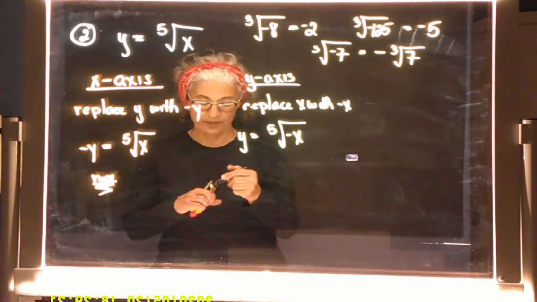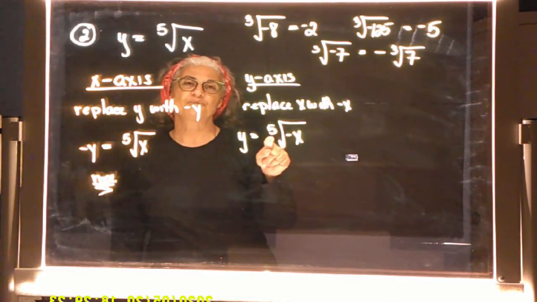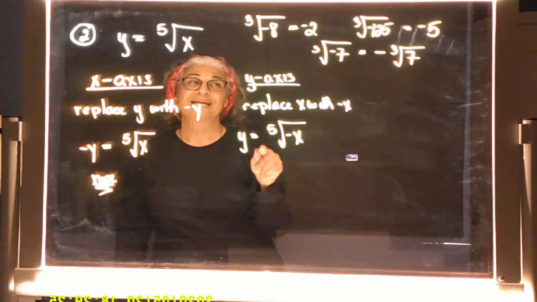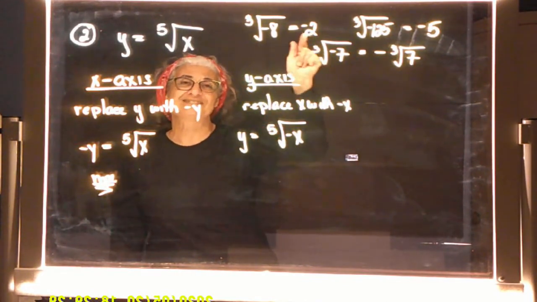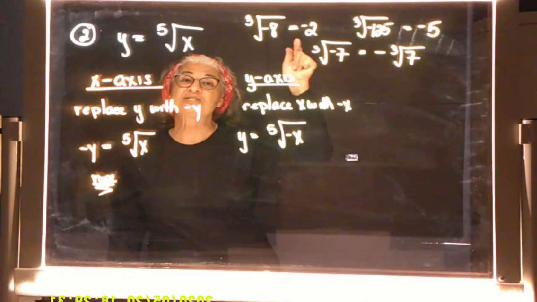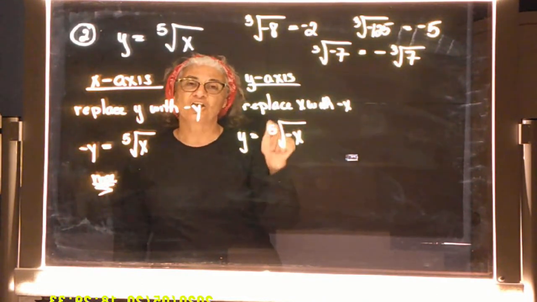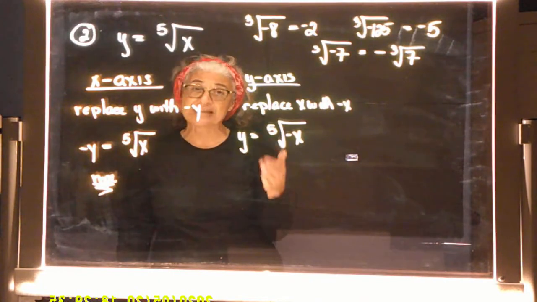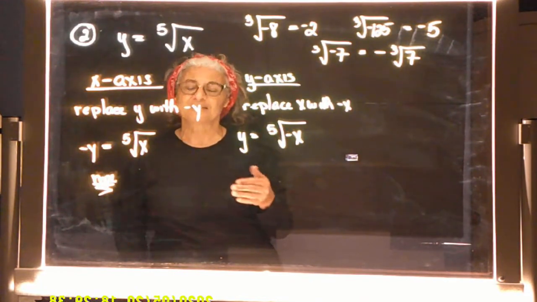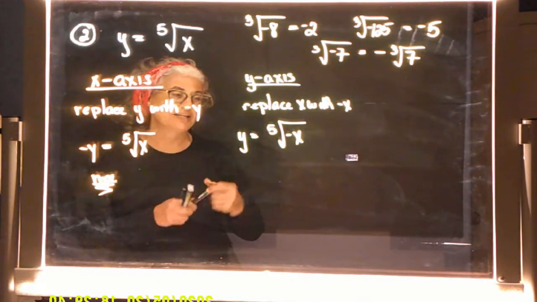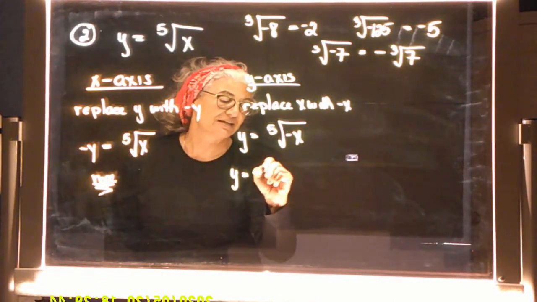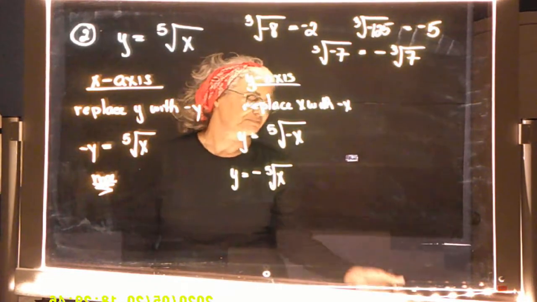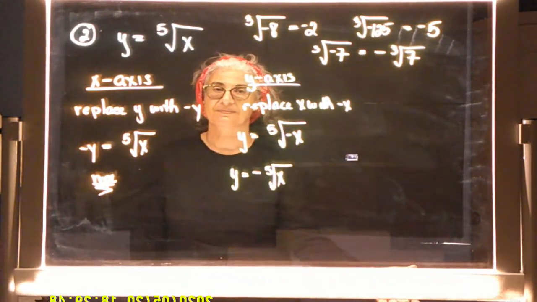Good? Okay, so this may not be a cubed root, but it is a 5th root. It is an odd root, and this odd root acts just like this odd root acts, which means when I take the odd root of a negative number, your answer is going to be negative, which means in this case, you have a negative that's going to come outside of this 5th root.